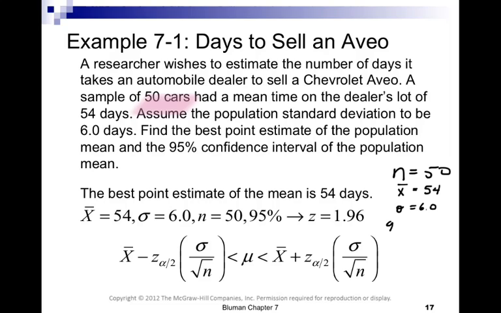So remember, for a 95% confidence interval, the z we need is 1.96. And that's from that slide we saw before. Then we're just going to plug these things into our formula and get the numbers we need for our range.